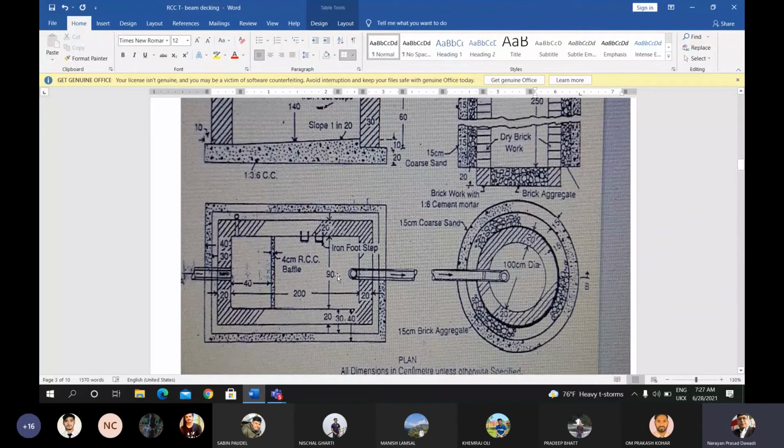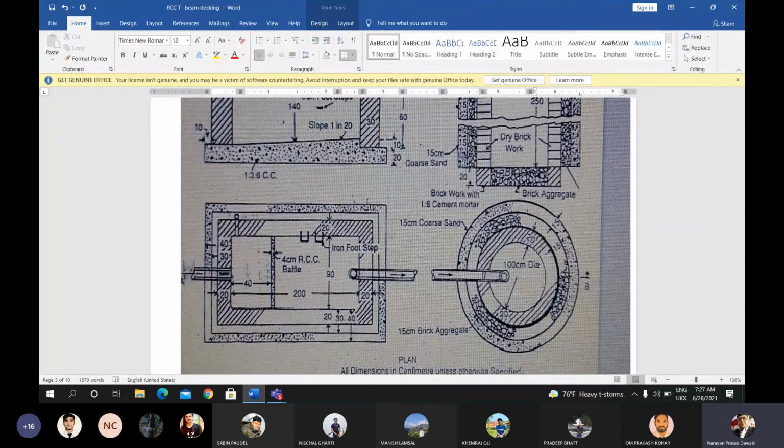Now the total length of the excavation will be 200 plus up to here and up to the PCC. This length is 20, up to here is also 20, and 40 right and 40 left. You will get 280. The total length of the trench is 280, and the total width of the trench will be, this inner part is 90, and the outer parts are 40 and 40.